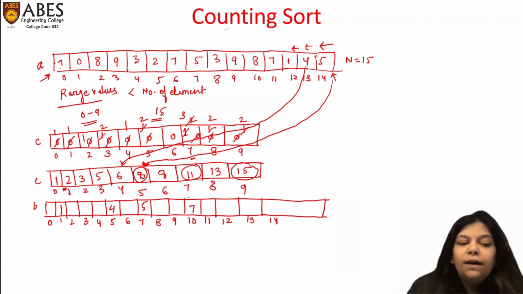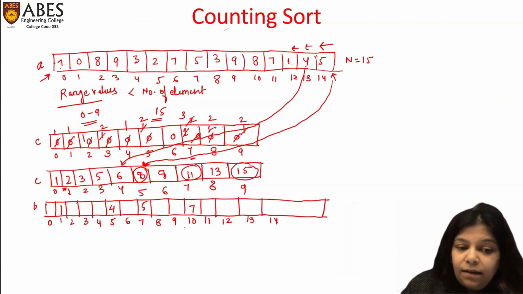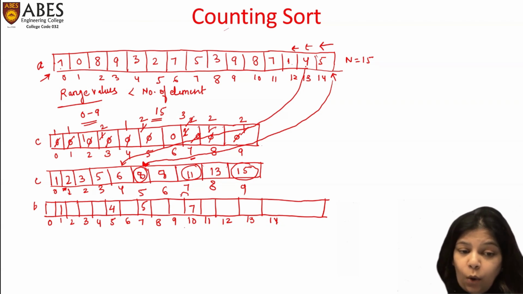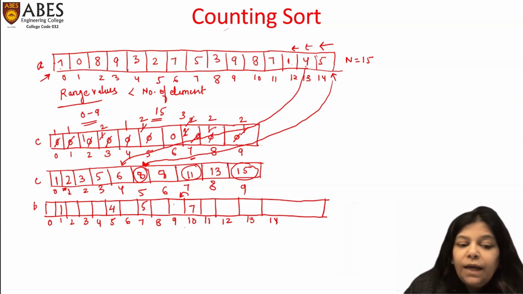Now, there is one more thing that we have to remember here. Suppose I'm talking about 7. 7 has got index 10 because the number of elements that are less than or equal to 7 were 11. So that means it will hold from the 10th index backwards, right? So whenever we get 7 again, it will be stored on the index just prior to where it has been stored right now.